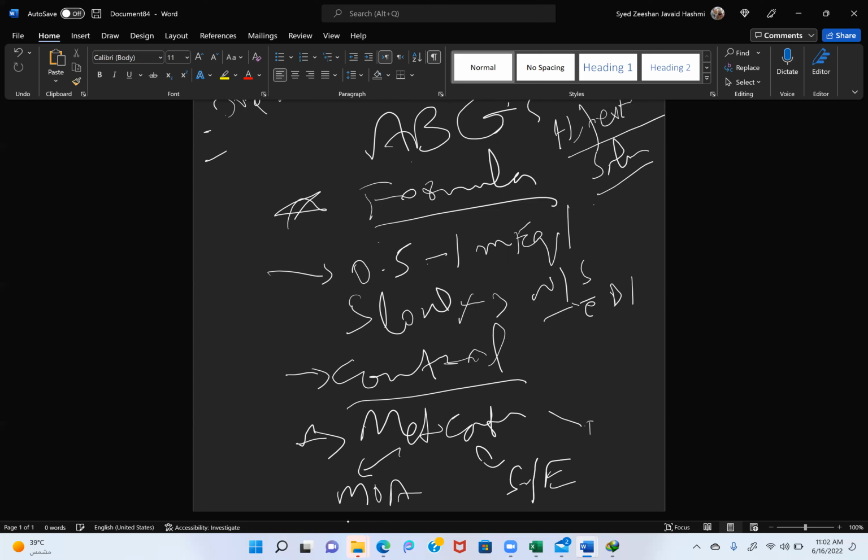For example, if the patient is on diuretics, there are chances of hypokalemia. If the patient is on ACE inhibitors, there will be more chances of hypotension. The rest of the things will be according to the scenario, but you should know this.